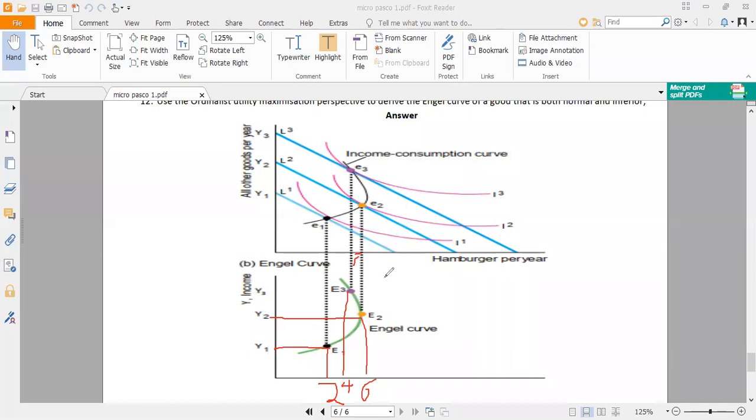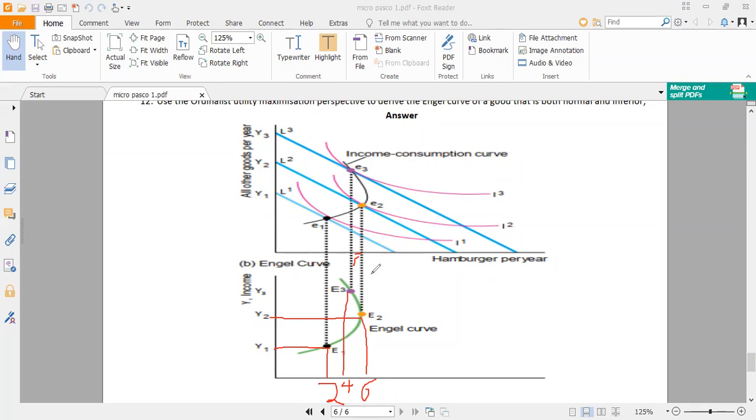Now, this is possible just assuming that initially the consumer was poor, okay. Maybe he was buying some junk food. He didn't really have much money, and his income increased by just a small proportion. Now he could buy more junk food, okay, which is making the junk food a normal good.